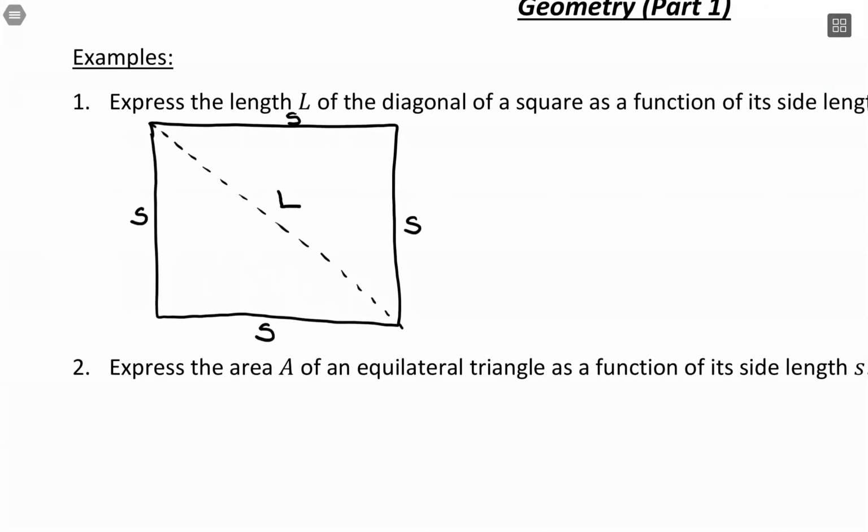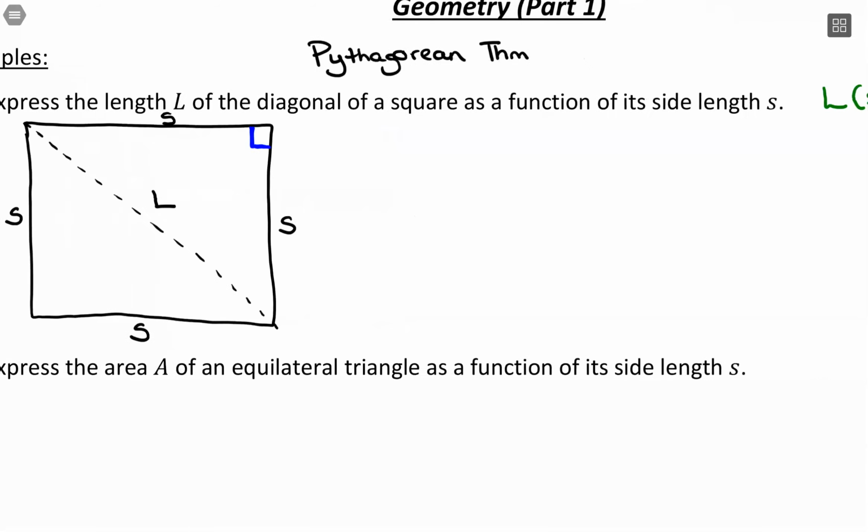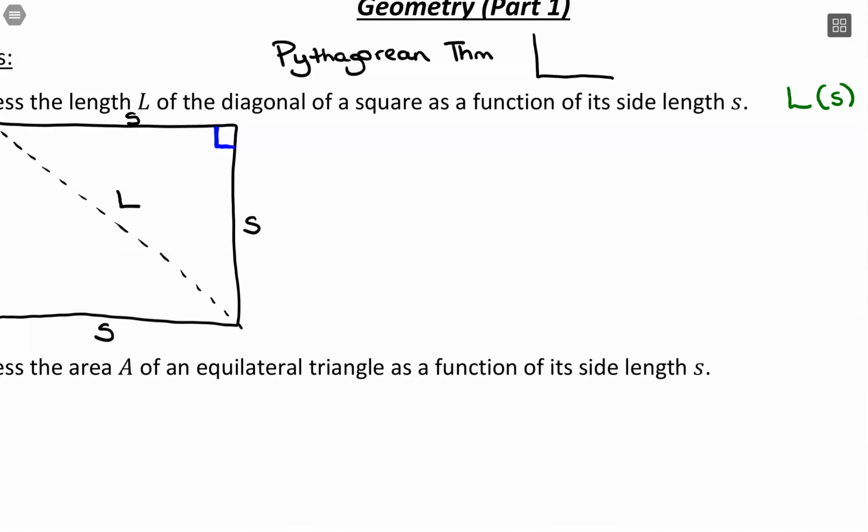So I have some right angles. I have this triangle that I'm working with where I have the 3 side lengths and it's a right triangle, so this is going to use the Pythagorean Theorem. As a refresher, that means if we have a right triangle with side lengths A, B, and C, where C is the hypotenuse, then C squared equals A squared plus B squared.